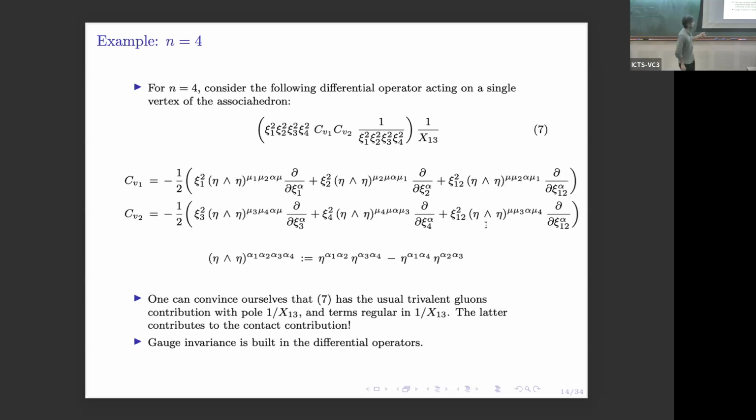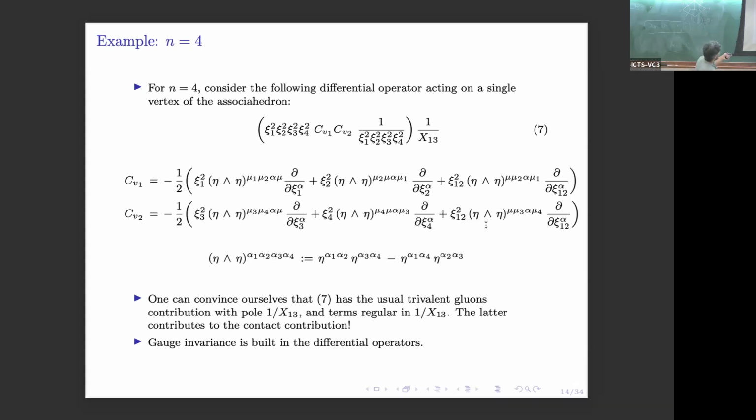How did you know how x was related to psi? That's just my bad notation. For now, let's just say that this is the case. As of now, I will say that xi12 is independent of xi1 and xi2. We will impose momentum conservation later on, but that is the idea.